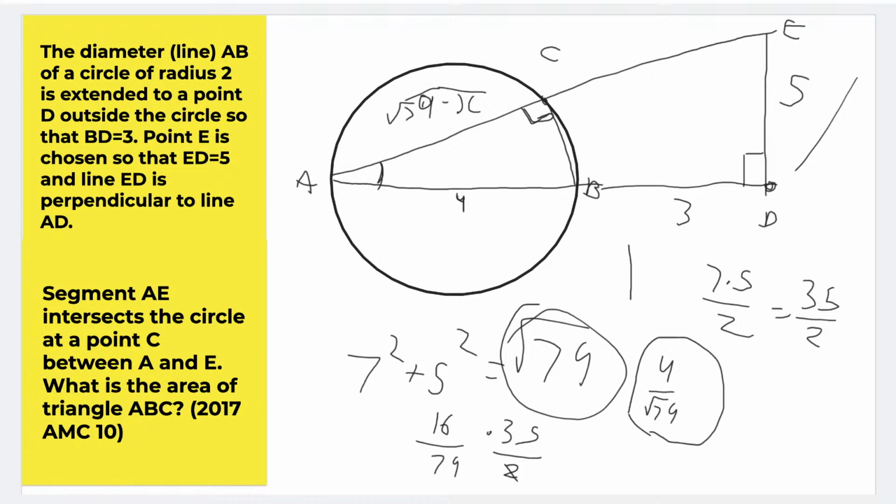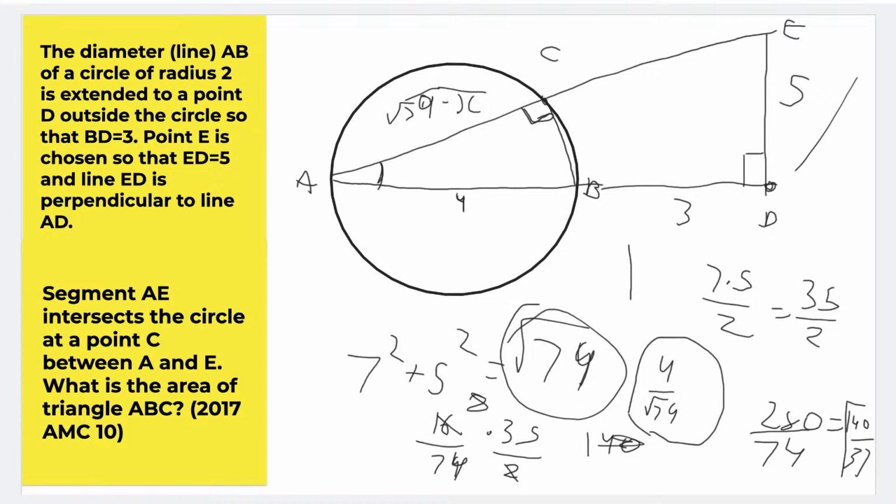So you cross out 2. So 8 times 35, which is 280. Oh, I'm very sorry, this is a 79, so 280 over 79. That's the final area of the triangle.